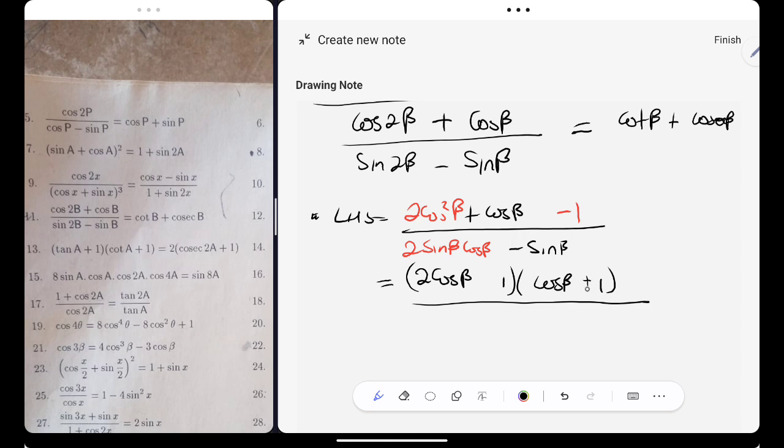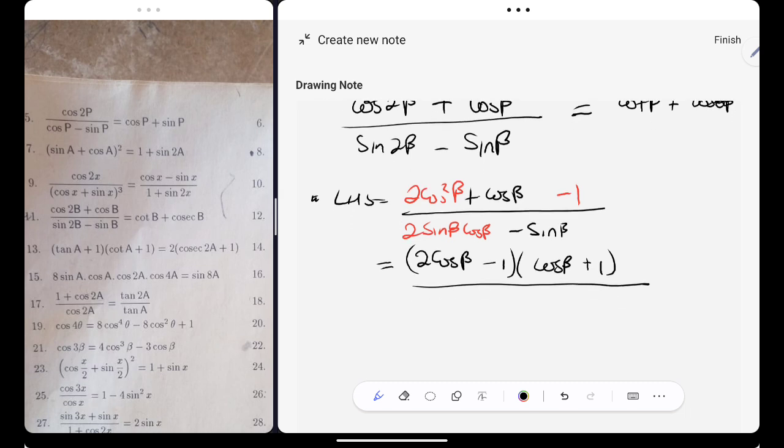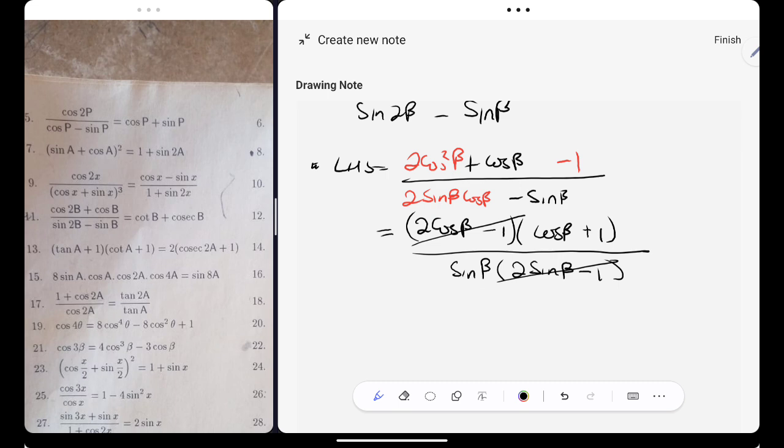So I'll have a plus there and a minus. And then at the bottom I can take out a common factor. My common factor is just sine beta. I'll be left with 2 sine beta minus 1. So this guy will cancel this one. I will be left with cos beta plus 1 all over sine beta.